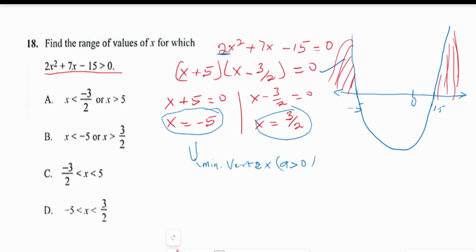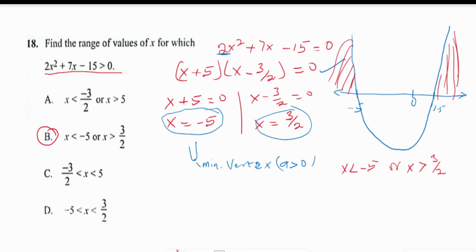So you're using this part of the graph, the shaded region, which is all x values that are less than -5, and that will be written as x less than -5, or, because it's not continuous, all the values greater than 1.5, which is the same as 3 over 2, so x greater than 3 over 2. And looking through the options, that is option B.